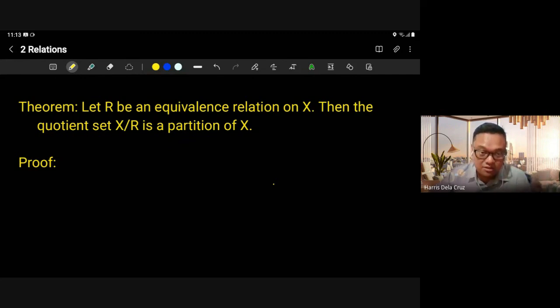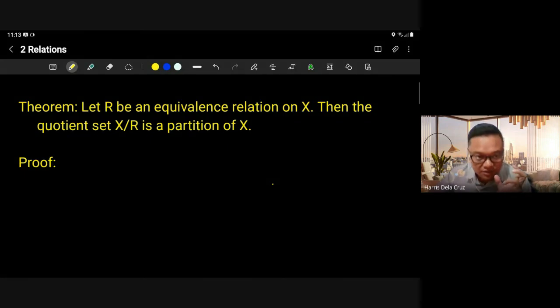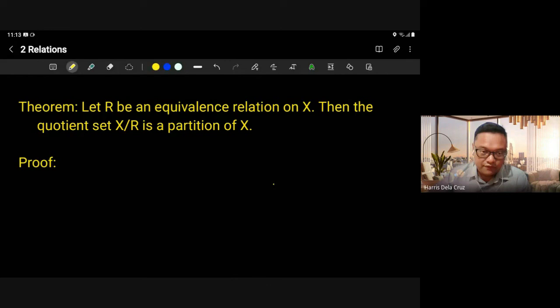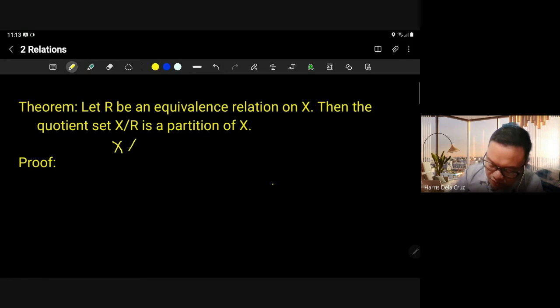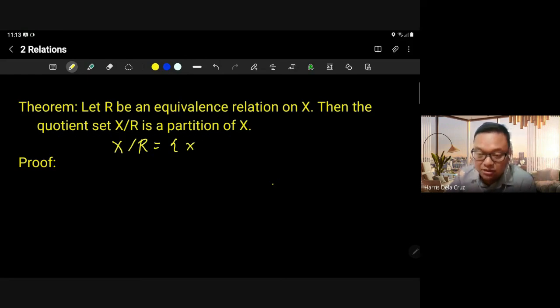This is always true. Whenever you have an equivalence relation R, then this particular R will always induce a unique partition of X. And this partition of X is exactly the quotient set X over R. Okay? Again, ano yung quotient set X over R? X over R is the collection of all the equivalence classes, the distinct equivalence classes that is determined by the relation R.